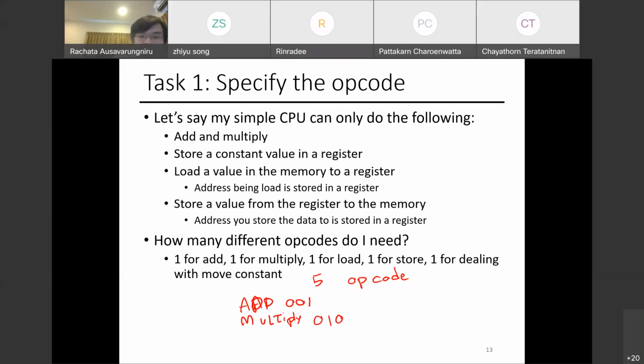Let me call this instruction move. How about the move instruction? Let's do 0, 1, 1. And then the load to be 1, 0, 0, and the store to be 1, 0, 1. These are totally correct answers. I can pick whatever pattern as long as it's not a duplicate. Okay, so now we are done with the opcode part.